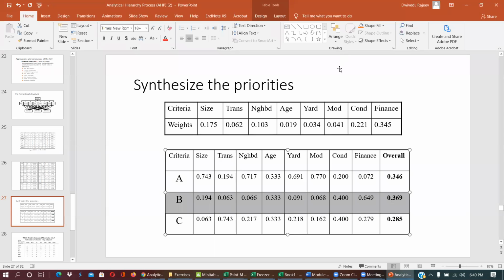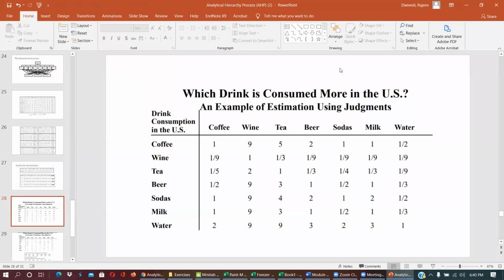How useful is this method? So for example, this is the pairwise comparison of which drink is consumed more in USA. And this is an example estimation using judgment. So basically based on this AHP method, coffee, wine, tea, beer, sodas, milk, and water were compared with each other pairwise.